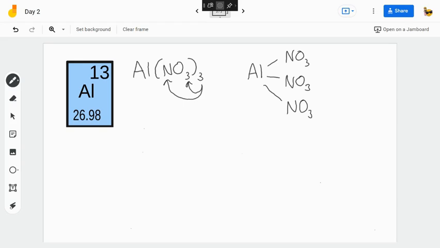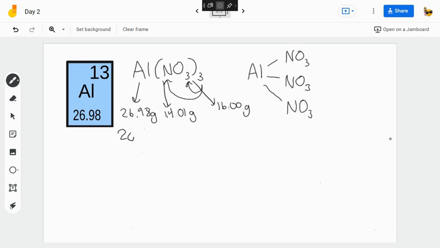of the elements inside. So aluminum off the periodic table of the elements is 26.98. Nitrogen is 14.01. Oxygen is 16.00 grams. This is all how many grams there are per mole. That's what the periodic table of the elements tells you.